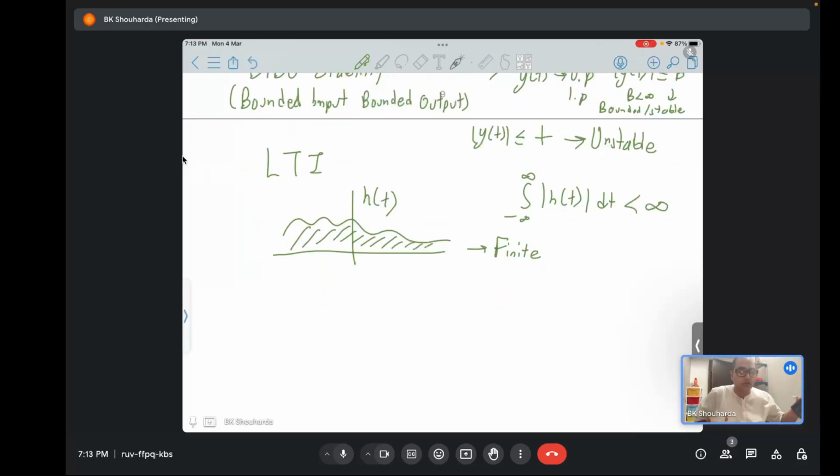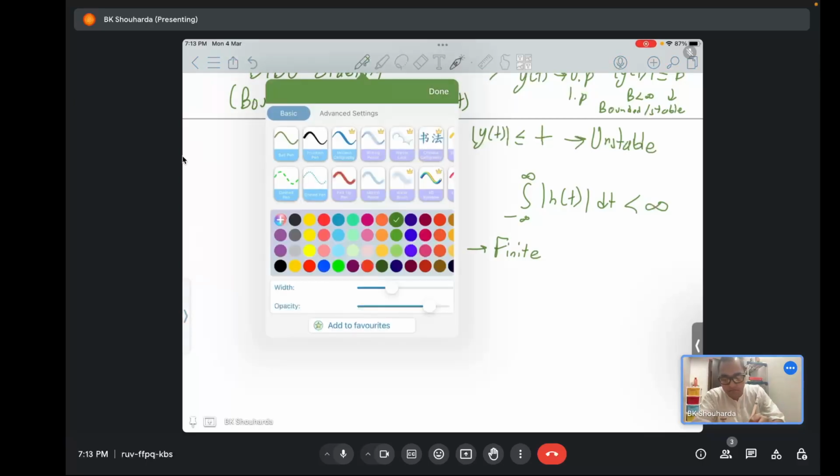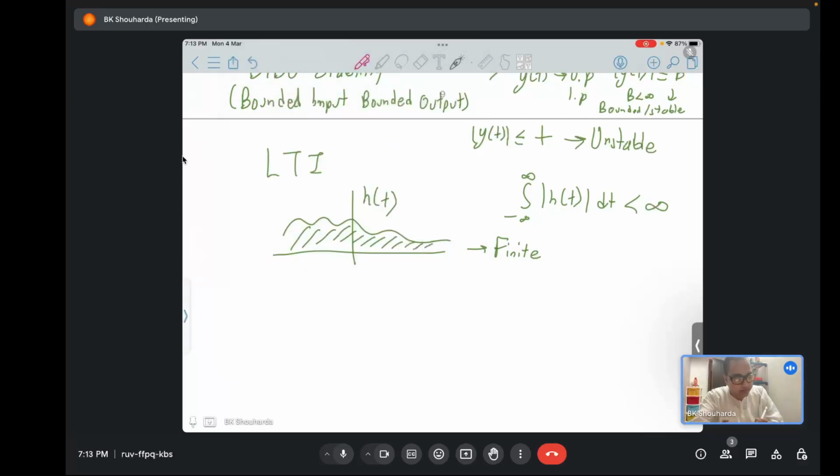I'll just show you a few examples and we'll complete today's session. Let's look at a system. h(t) is e to the minus 9 mod t. You have to determine the kinds of system.